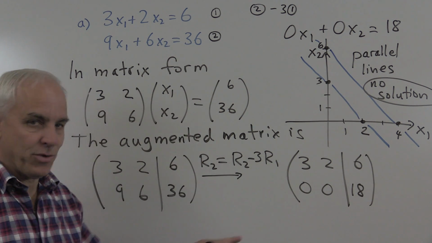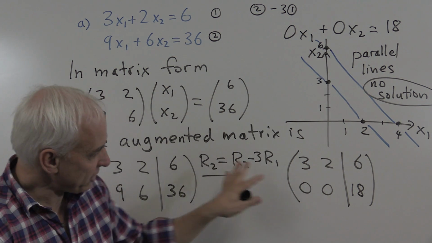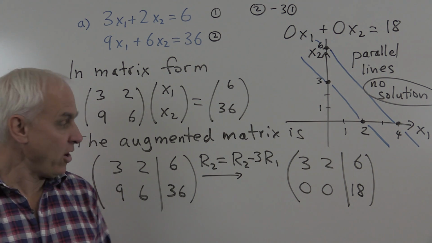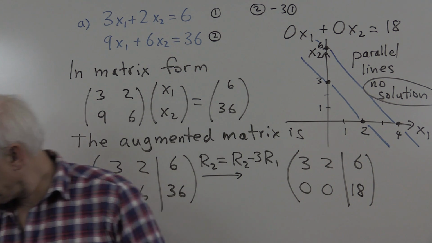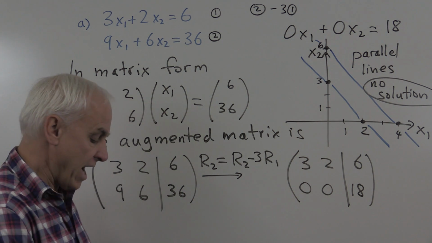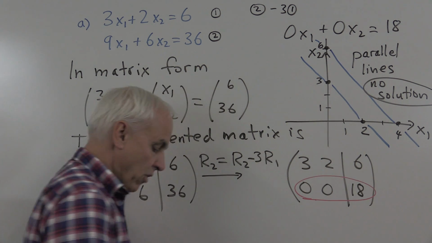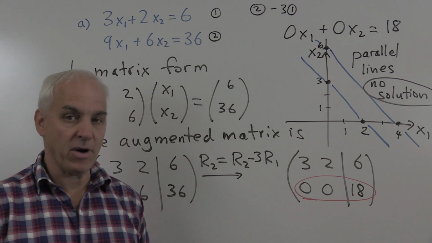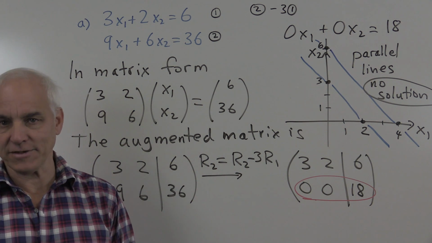And you can see that's pretty well exactly the same kind of thing that we got up there. But here we're doing it in the context of row reduction or Gaussian elimination at the level of augmented matrices. And now at this stage, we can see that we have a row, this one here, that has zeros on the left of the bar and 18, something non-zero, on the right.